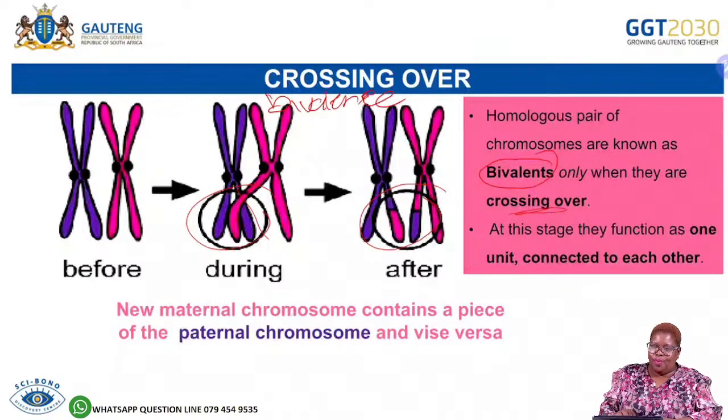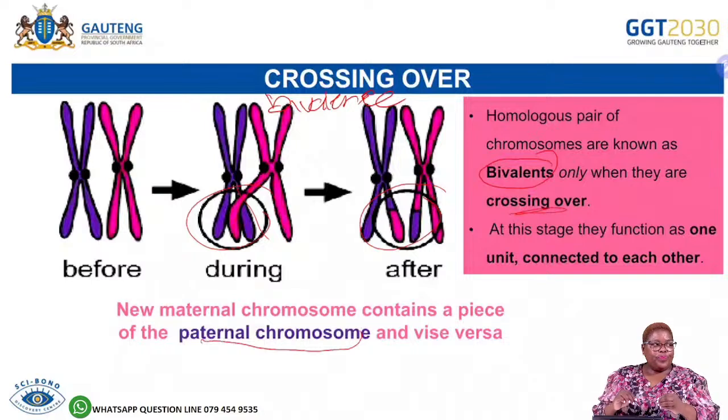All these states function as units, connected to each other. Now, the new maternal chromosome contains a piece of paternal chromosome and maternal chromosome. Hence, after crossing over has taken place, genetic material is exchanged because the chromatid from paternal overlaps with the chromatid of maternal, right?